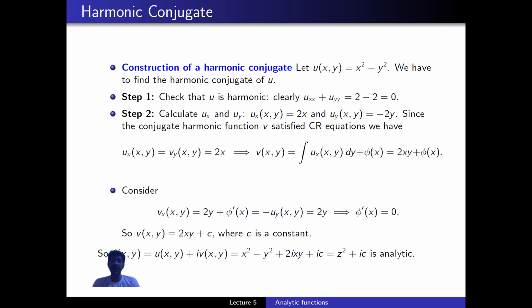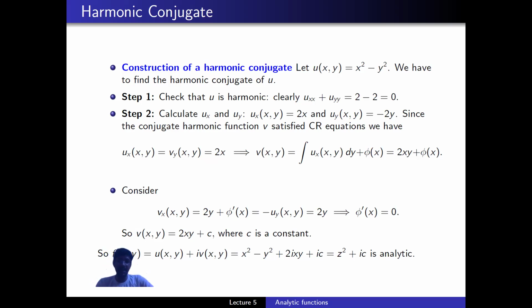Now, how do we construct the harmonic conjugate? Say if u equal to x square minus y square, we have to find the harmonic conjugate of u. First we have to check whether u is harmonic. Then we have to calculate ux and uy. We use ux and uy in the CR equations so that we can get vy and also vx. From vy, by integrating partially with respect to y, we can get v.